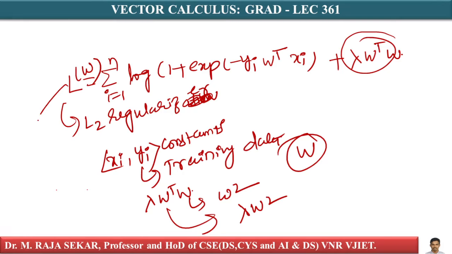As w is the variable, you differentiate with respect to w. d by dw of lambda into w square is equal to 2 lambda w. Now let's go back to the vector equation. Since w is a vector, I will also get a vector, 2 lambda w, at the end.